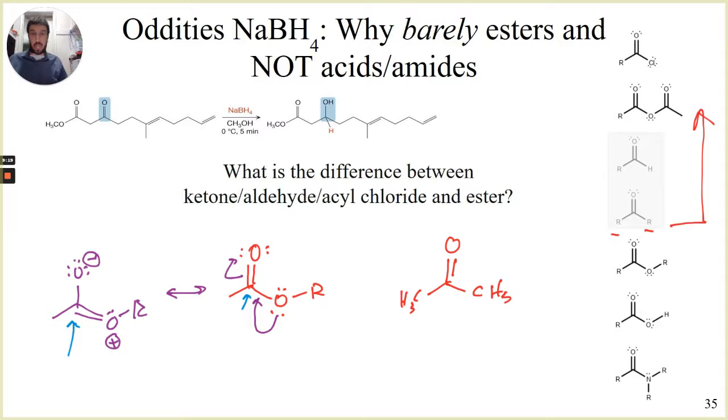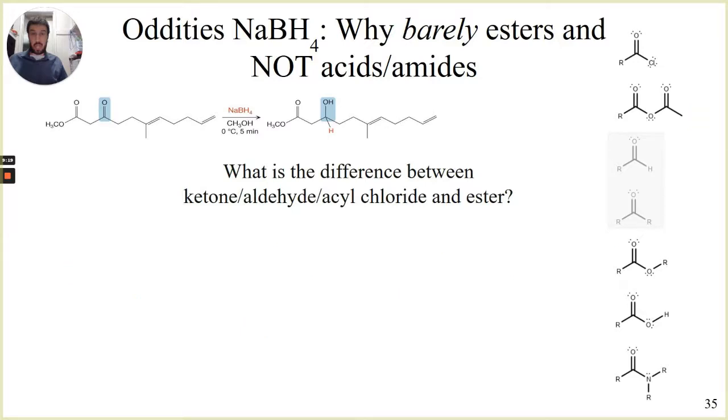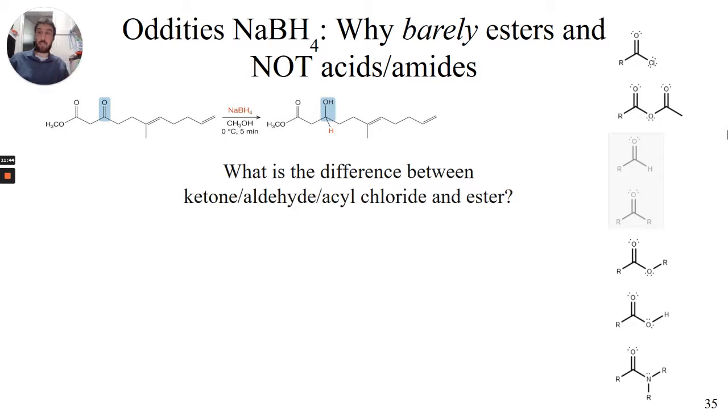So we can use charge, size, electronegativity, resonance, and induction to help us predict this and see this. We can further use this to our benefit, as the reaction up at the top is suggesting, because sodium borohydride only reacts in some cases but not the others.